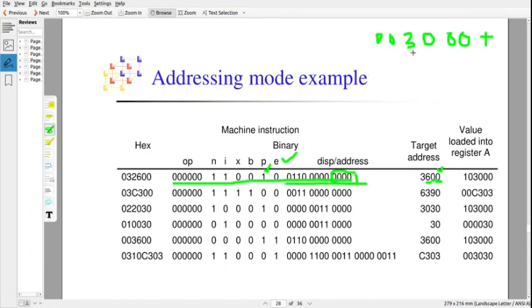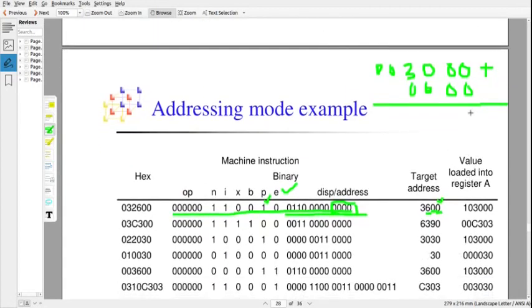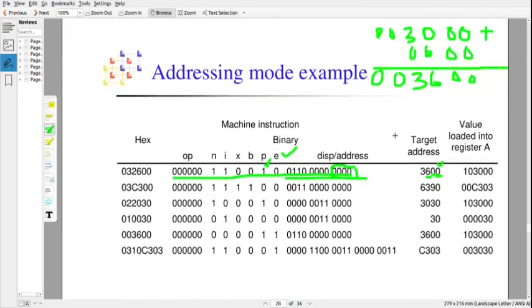The displacement contains 0600. If you add these two values, you get 003600. So this is the target address. So the target address is obtained.